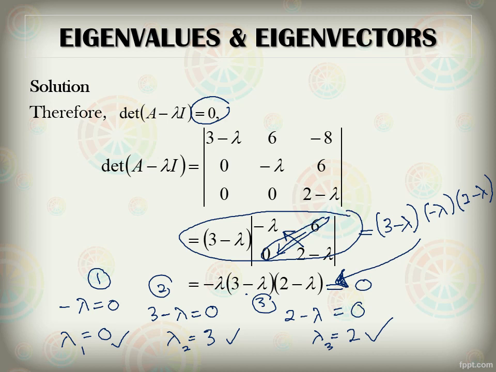Okay, so now for a 3 by 3 system, you have 3 lambdas, 3 solutions. And sometimes 2 of your lambdas can take the same value.